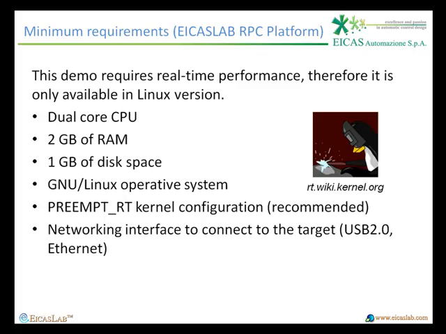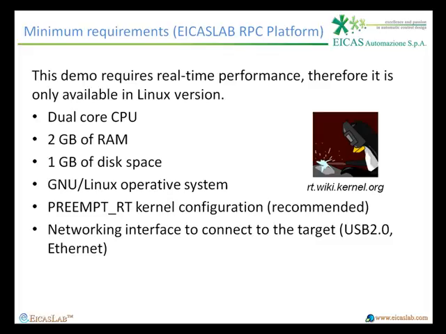This demo has minimum requirements on both the PC running EICASLAB and the target embedded system. For the real-time performance requested in the real-time operative modes, we recommend to run the demo in Linux operative system with a preempt RT kernel, though some modern PC may provide good real-time performance even without the preempt RT patch.